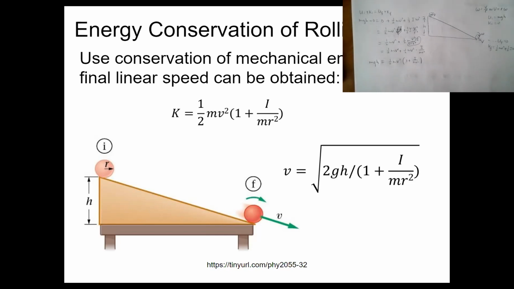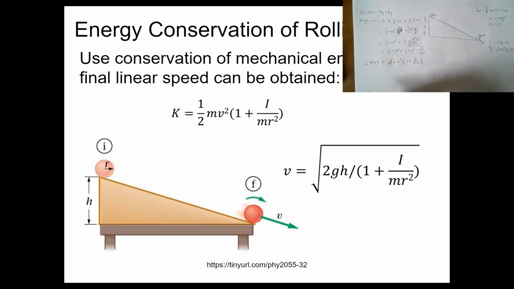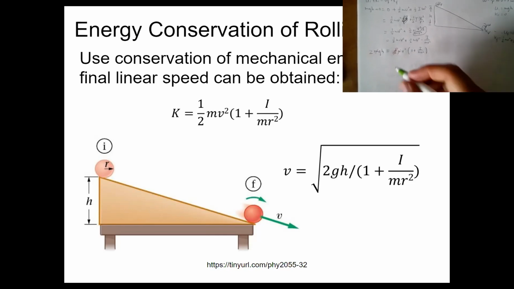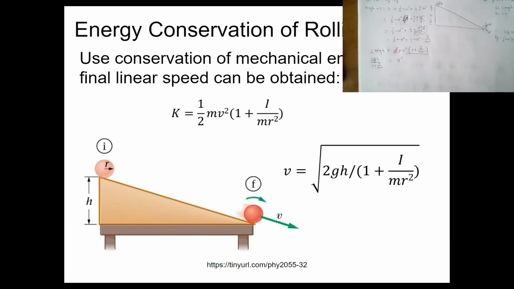Now you can see the m on both sides will cancel out. Multiply both sides by 2, and the 2 cancels the 1/2. Then you can solve for v²: divide both sides by that factor, so v² is equal to 2gh over (1 plus I over mR²), where I is the moment of inertia.